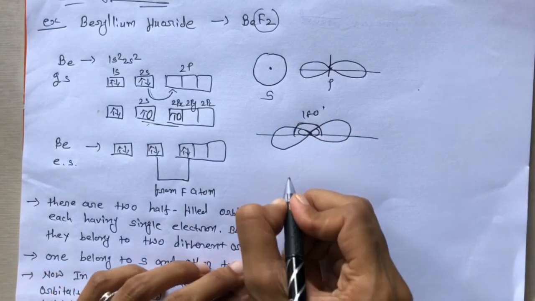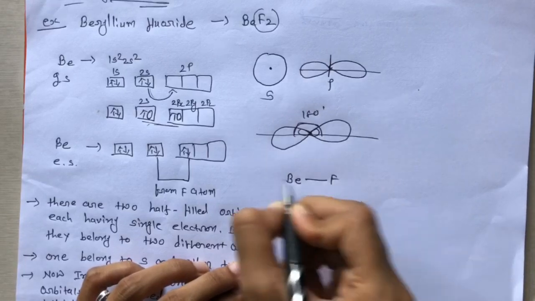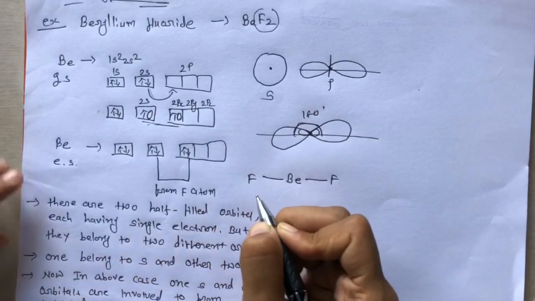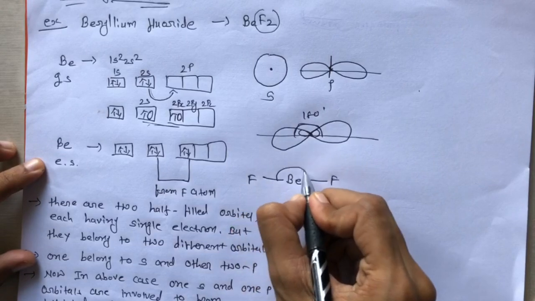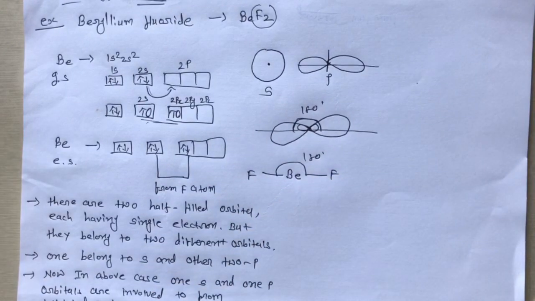So in beryllium, Be, here is F and here is also F, right? And this angle is 180 degree. The two hybrid orbitals overlap separately with p orbitals of fluorine to form 2 Be-F bonds, and the shape of the BeF2 molecule is therefore called linear shape, right? This is called linear shape.